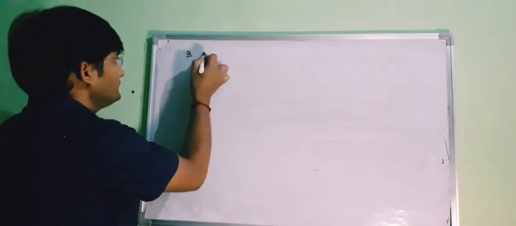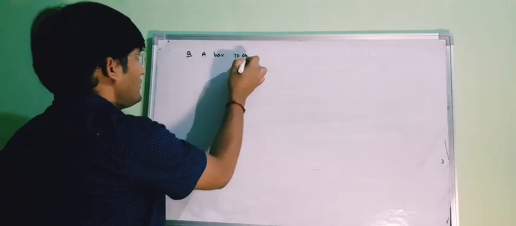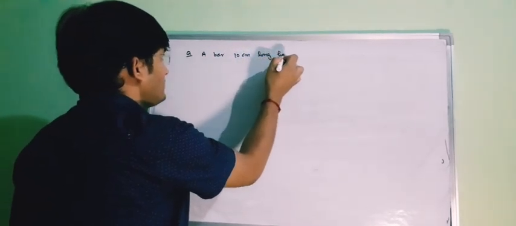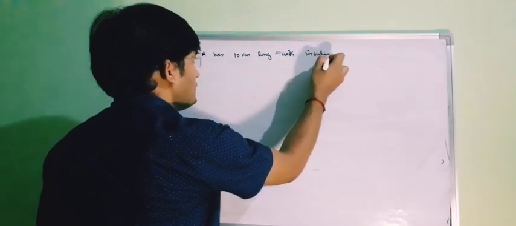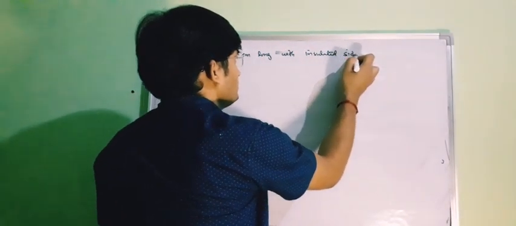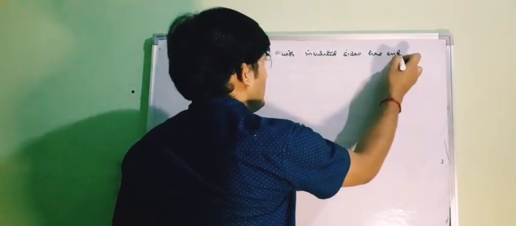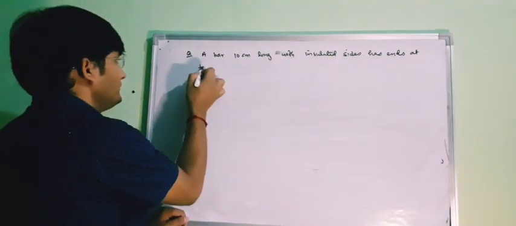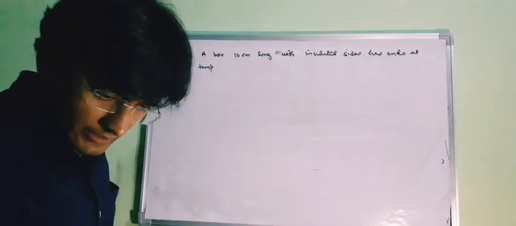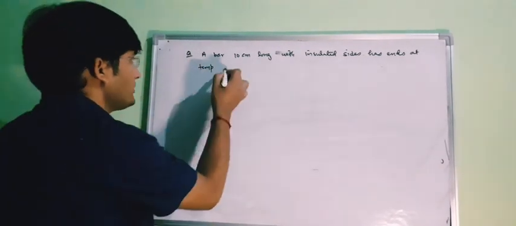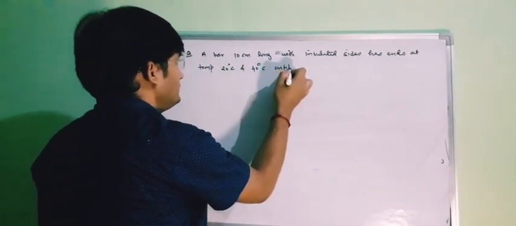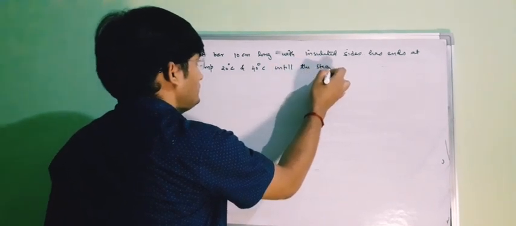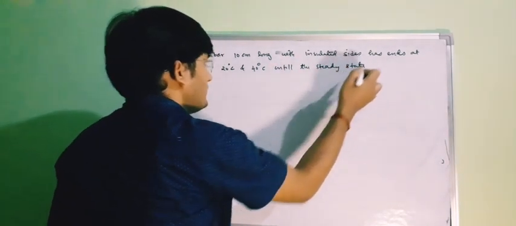A bar 10 centimeter long, with insulated sides, has its ends at temperature 20 degrees centigrade and 40 degrees centigrade until the steady state condition prevails.